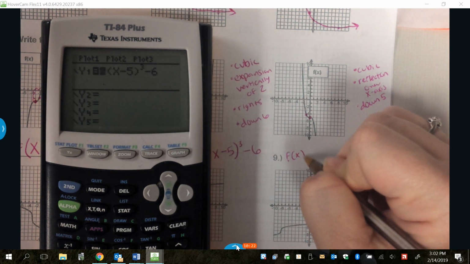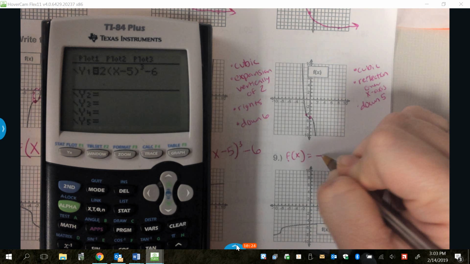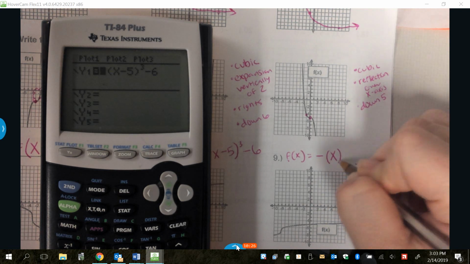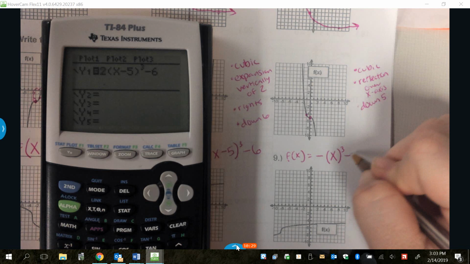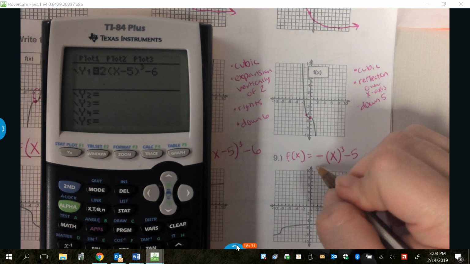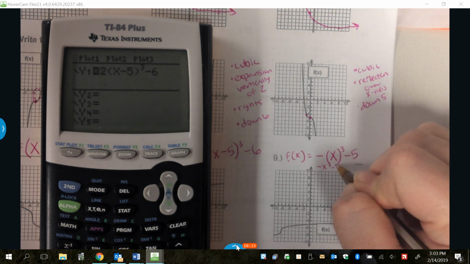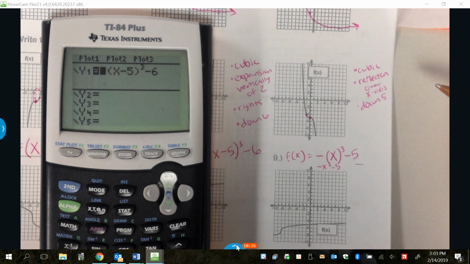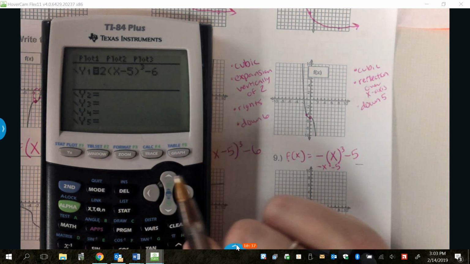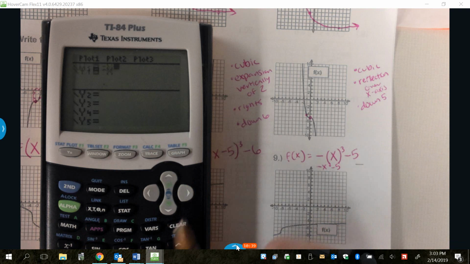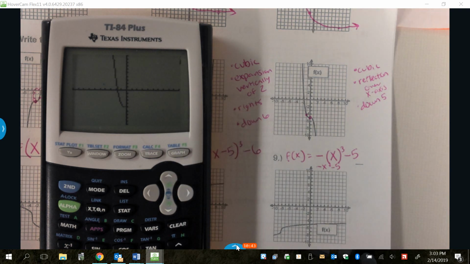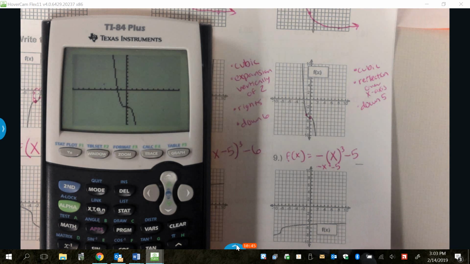So f of x equals negative x cubed minus 5. Technically, I didn't need the parentheses, so I could have just written negative x to the 3rd power minus 5, which looks the same. Okay.